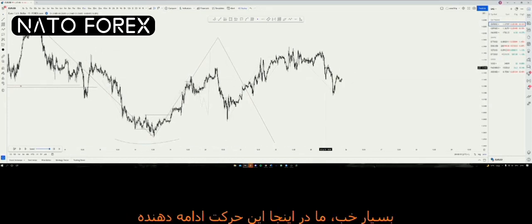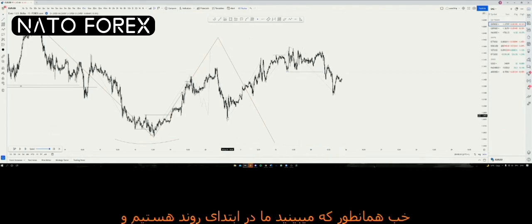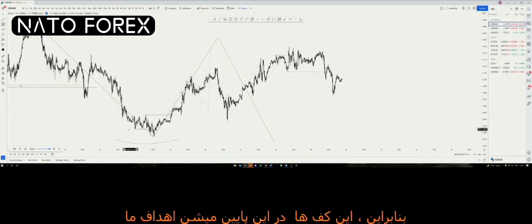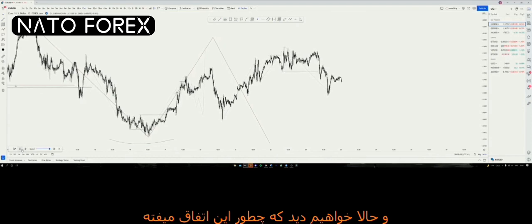Now we start to see this continued push down. So we start seeing this high here goes, this low here goes. So now we need to ask ourselves, what does this bring into play? Well, now that we're pro trend, these lows are the target down here, and we'll see how that plays out.